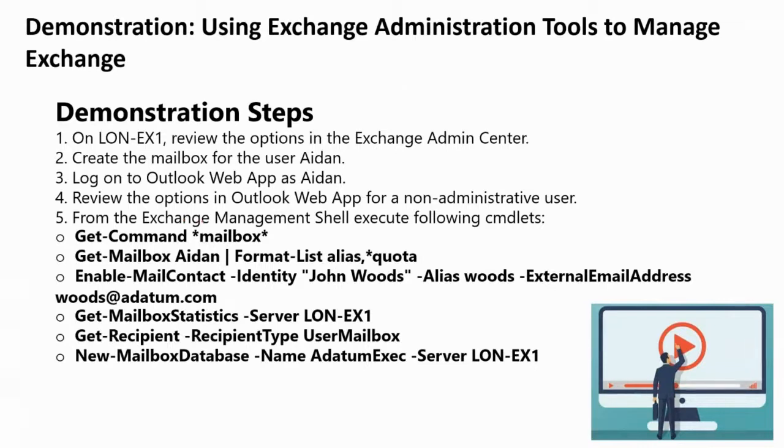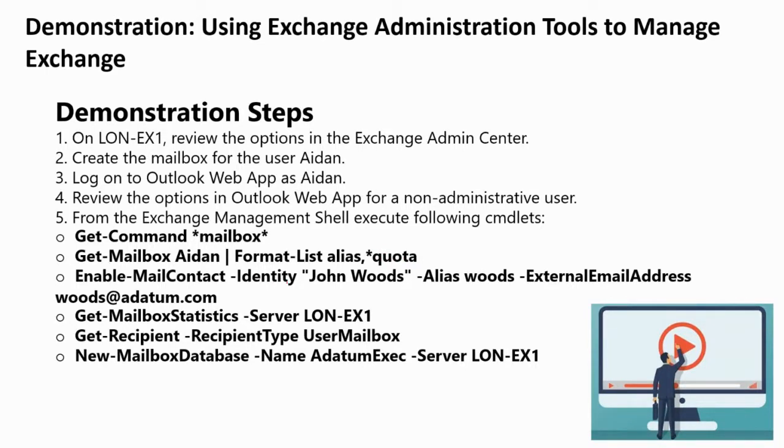From the Exchange Management Shell, execute the following cmdlet: Get-Command. So this gets the command mailbox, meaning we search for any command that contains mailbox. As we said before, star means any string before, and star here any string after. Get-Mailbox item | Format-List alias, quota.